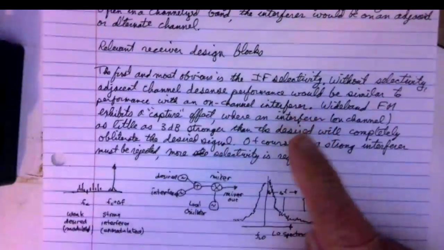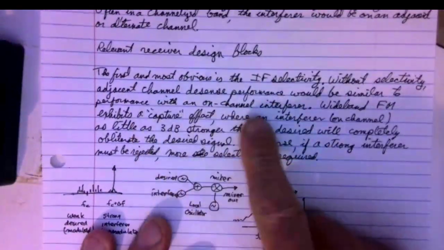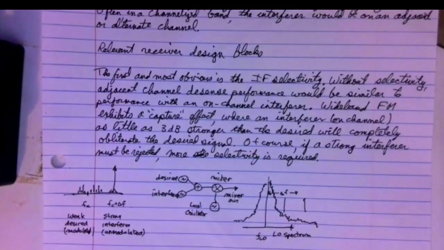Without the selectivity, the adjacent channel desense performance would be the same, or very similar to performance with an on-channel interferer. In other words, if you just put the interferer right on top of your desired signal, of course, that's going to cause severe degradation. In fact, wideband FM exhibits a capture effect where, if you have two signals coming in on the same frequency, the stronger one wins.